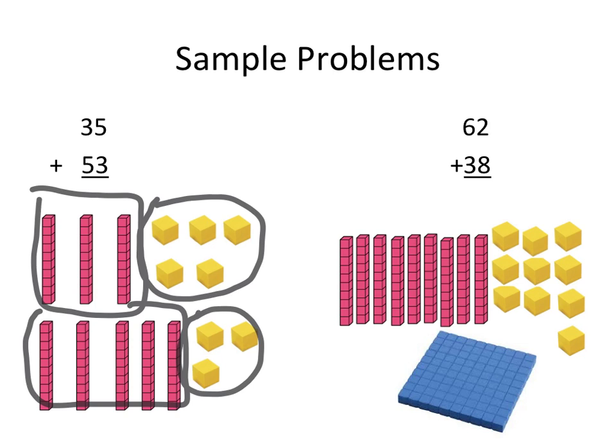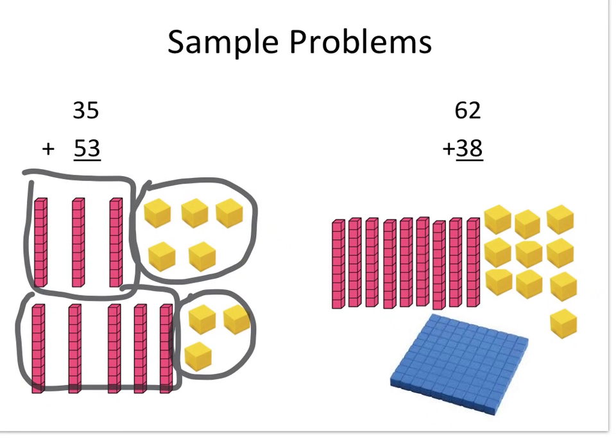So if we start with the 10s and we take these 3 10s here and we group them together with these 5 10s here, we move them together, we get 1, 2, 3, 4, 5, 6, 7, 8 10s. So when they write that underneath their problem, they would write 8 10s, which of course is the same as 80.